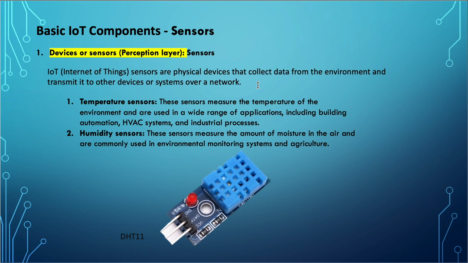But before going into other examples, I'm going to talk about the characteristics of sensors: what are the different types of sensors that we can find in the market itself?